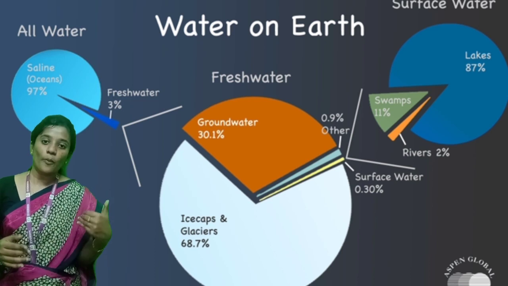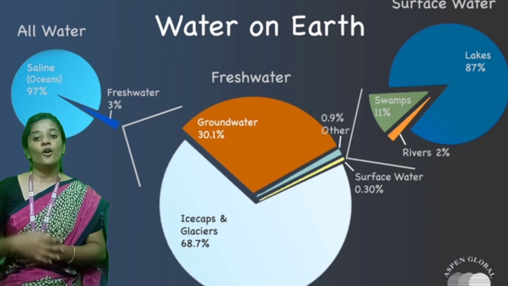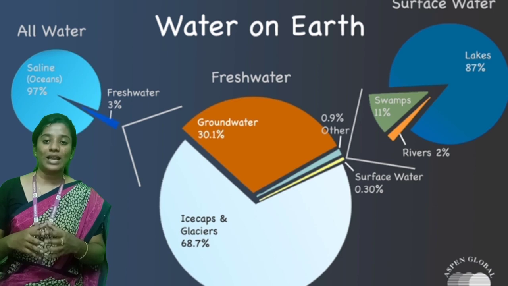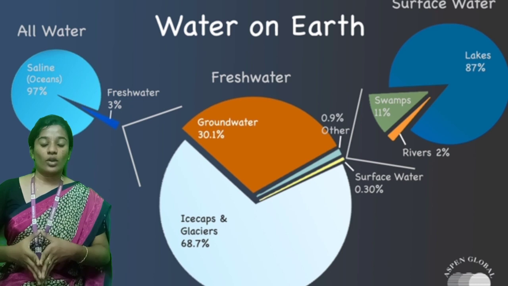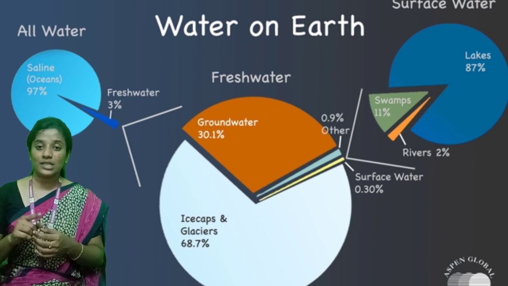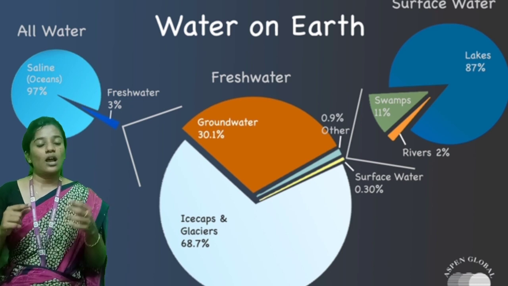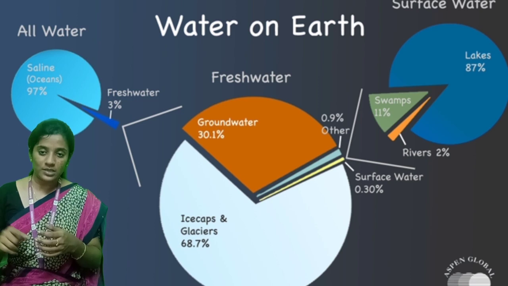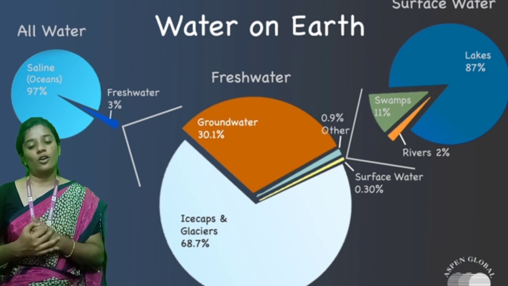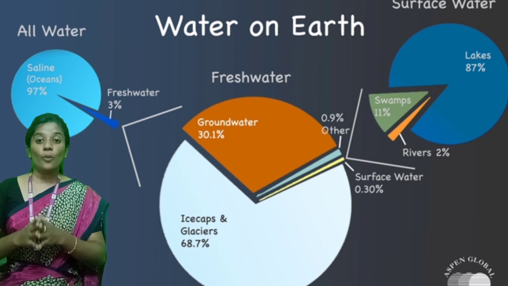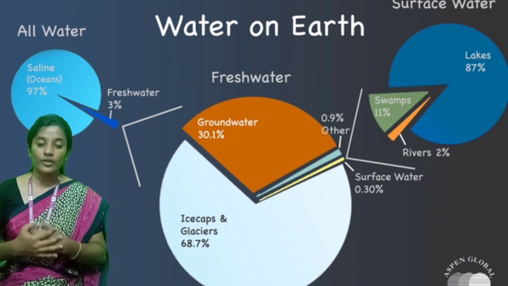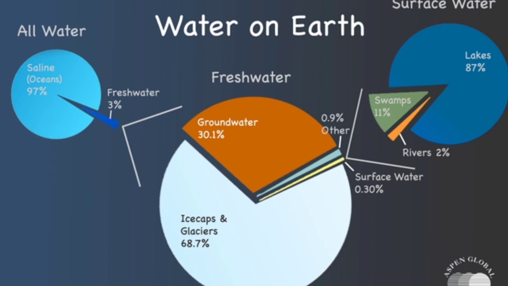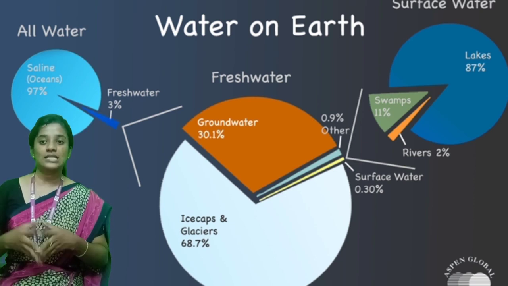From this 2.2% of the surface water, 2.15% is available in the form of glaciers and ice caps. Okay, and 0.01% in lakes and streams, and the remaining 0.04% is in other forms. Only about 0.25% of the total groundwater of 0.6% can be economically extracted with the present drilling technology.